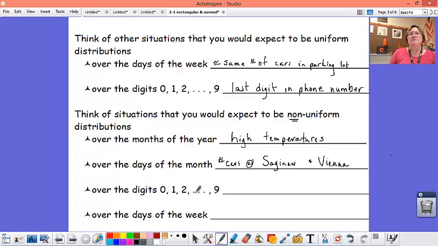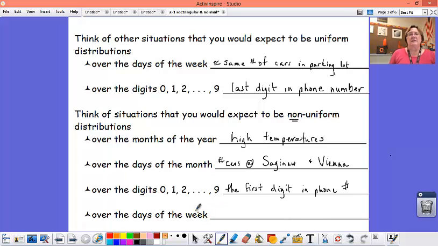Over the digits 0 through 9, where we wouldn't expect uniform things, that would be like the first digit in phone numbers, or at least it used to be that way. Everybody where I live used to have a 7 as their first digit. Out here, first digit 6, right? At least it used to be.